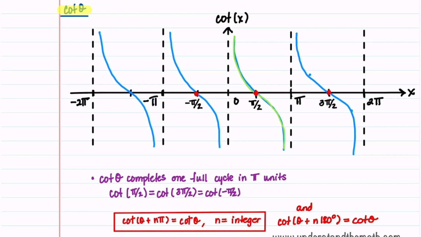Lastly, we have cotangent theta. Similar to tangent theta, this function completes one full cycle in pi units. It repeats when you add or subtract pi and can be written in terms of radians or in terms of degrees.